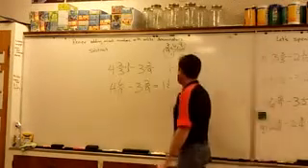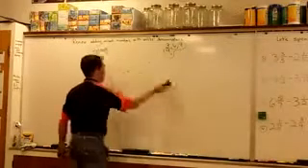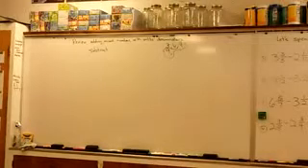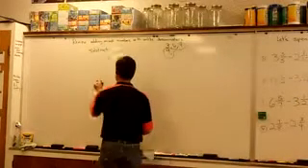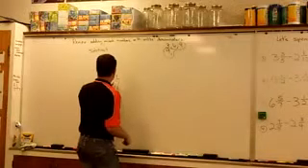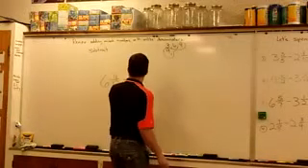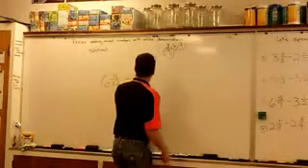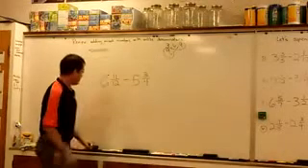Let's try one that might be a little more complicated. Oh, these are going to be easy for you guys. Your assignment's going to be easy. 6 minus 5 and 3/4.